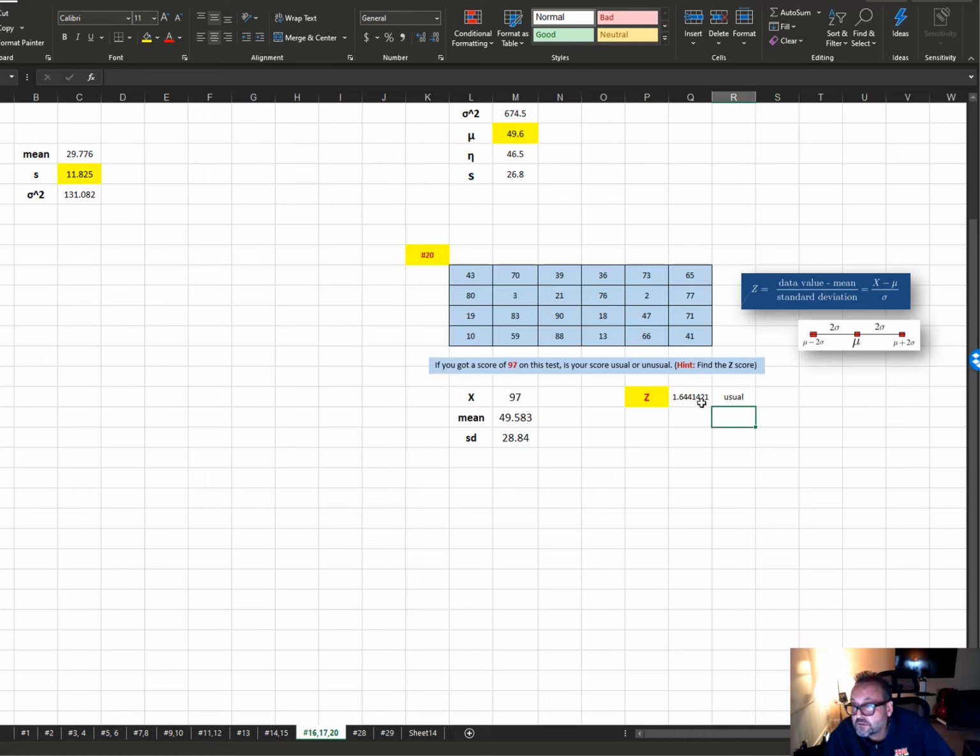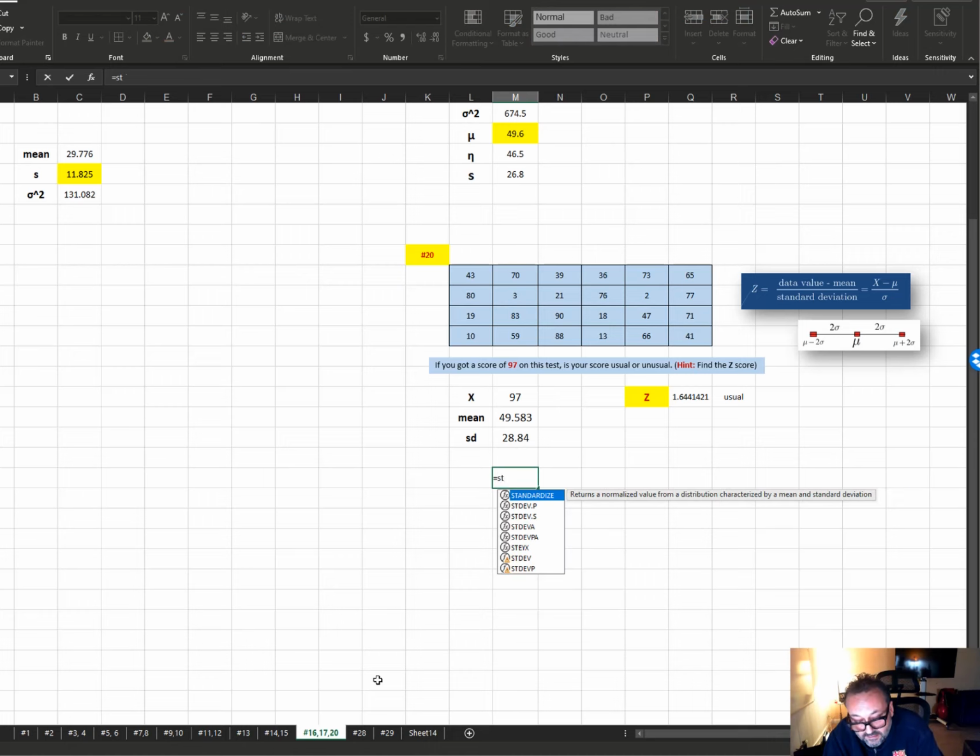And if the z-score is 1.6, that means it's usual. Well, it's getting close to 2, but it looks like it's still a usual value. I just wanted to calculate it for you with the population command so you could see there would be no difference, at least for this particular application.